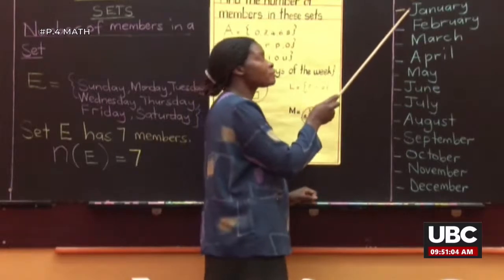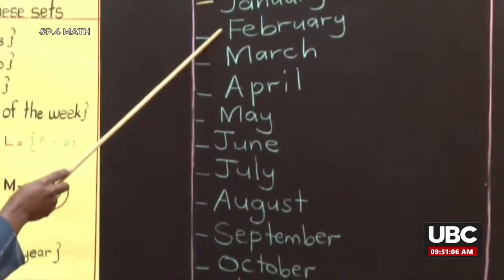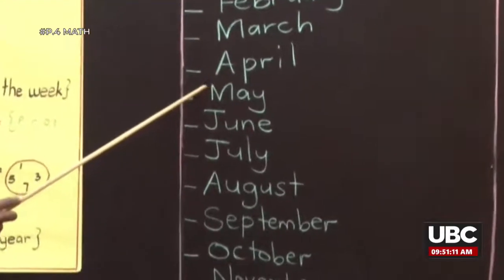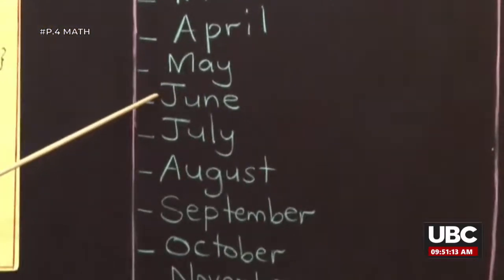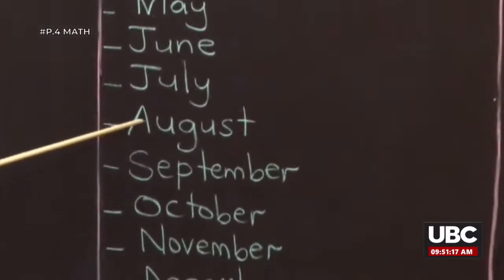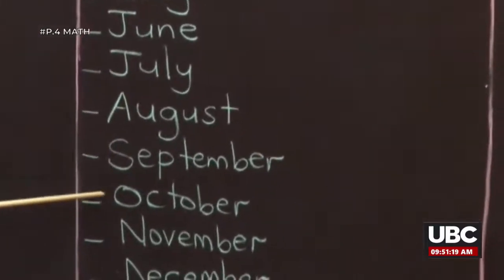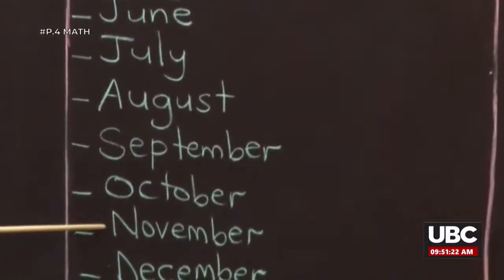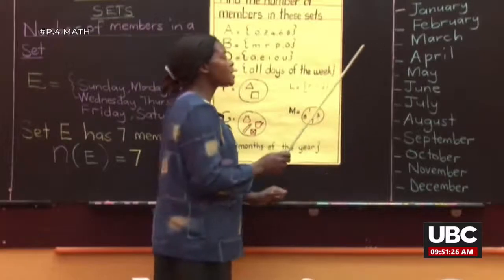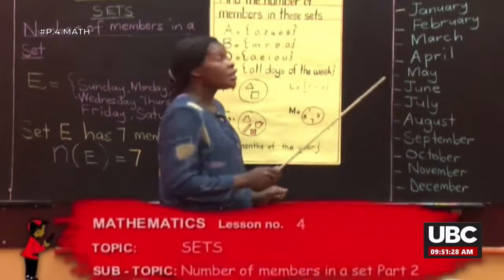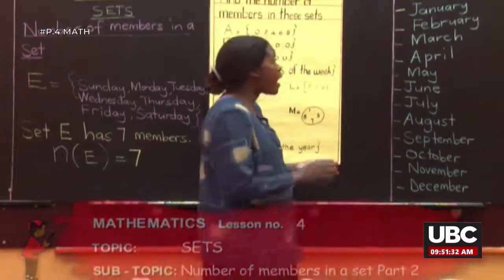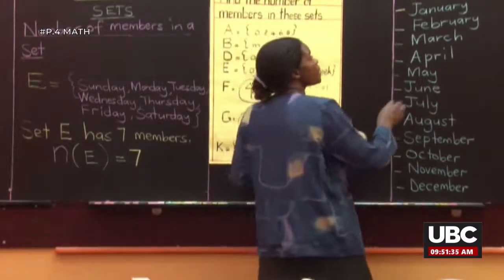We have 1, 2, 3, 4, 5, 6, 7, 8, 9, 10, 11, and 12. Therefore, our set K has 12 members. Set K has 12 members.